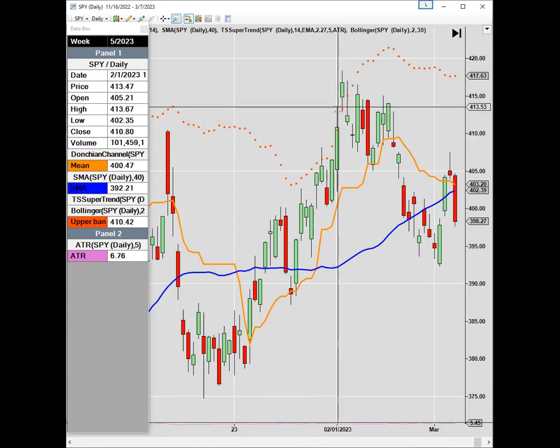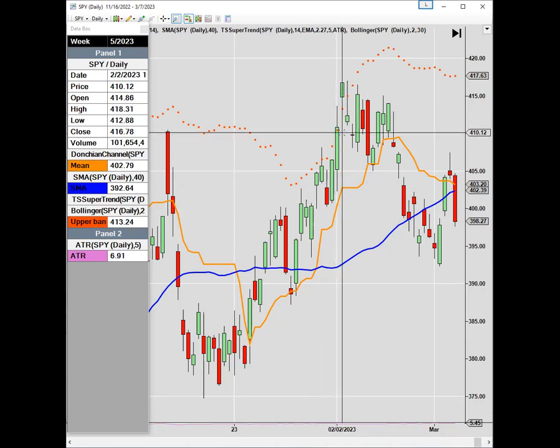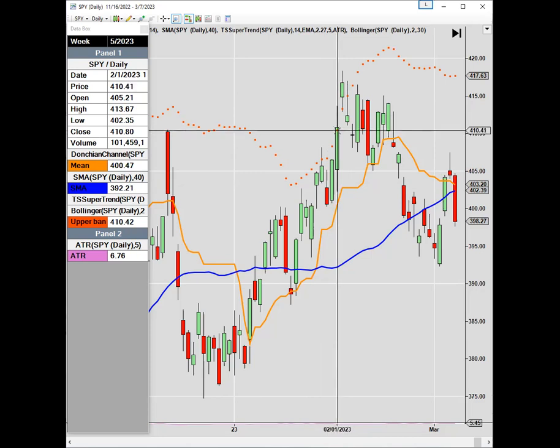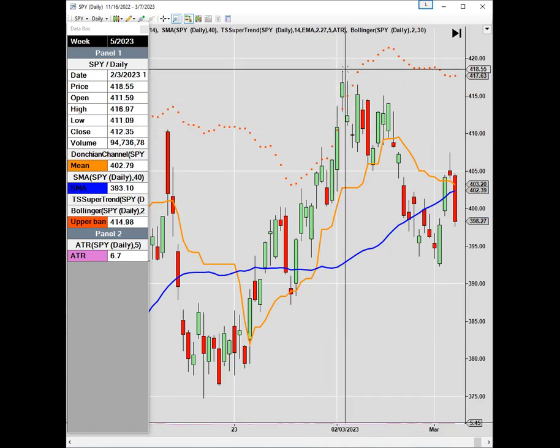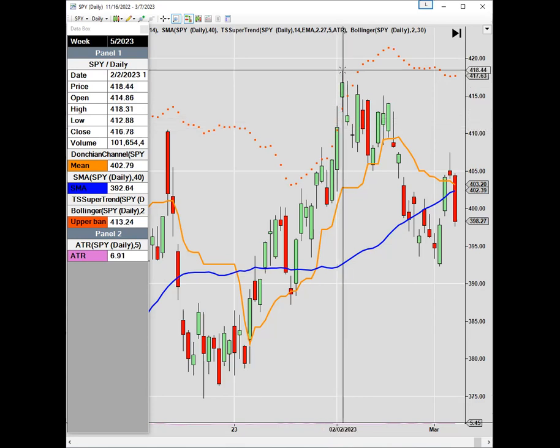If you had additional contracts, after the first target is hit, you sell part of your position automatically, and for the remaining contracts, you put in a stop loss above what you paid for it. Then you have a secondary target, which is probably hit on this gap up. From the 410 close, it gapped up and went all the way to 418.